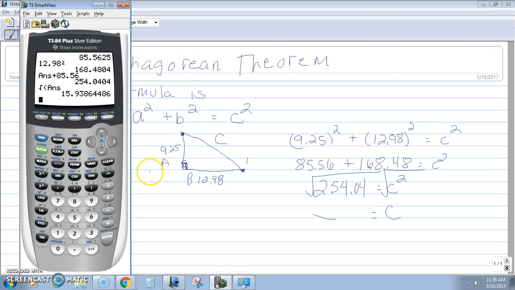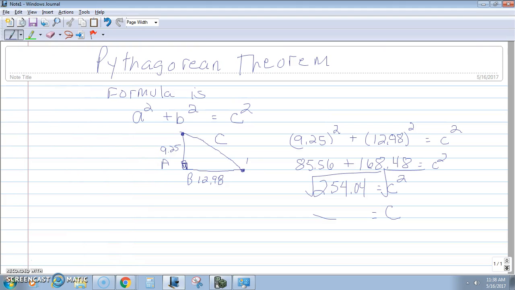And I get 15.94 approximately degrees. So I'm going to change that equal sign to a wiggly equal sign because I did a lot of rounding there.